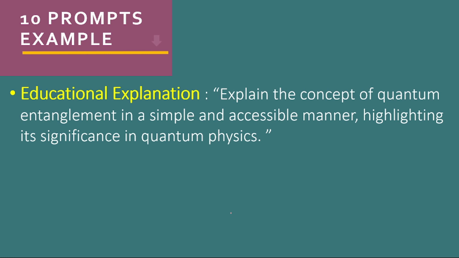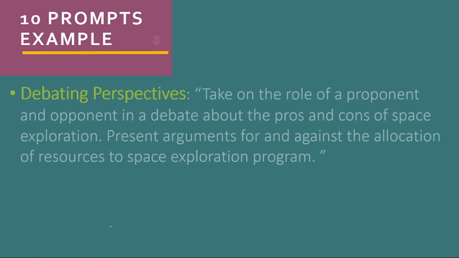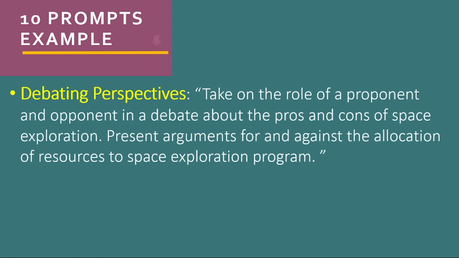You can have educational explanation as well, such as quantum physics details. You can also have a comparative study: compare and contrast the advantages and disadvantages of renewable energy sources like solar and wind power, considering environmental impact, efficiency, and cost. This will give you the comparative analysis. You can also go for debating. You tell it to act in the role of proponent and opponent.